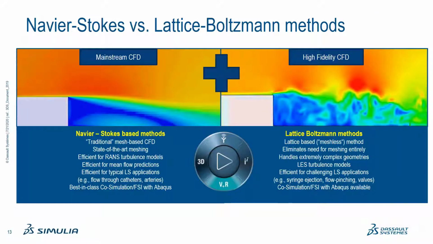So whereas there are a number of ways to mathematically model fluids, there are two methods that dominate. Navier-Stokes numerical methods have been used for decades, and they are the more common approach to simulate fluid behaviors. This method has many strengths, but it cannot solve all fluid problems, and it can be challenging to prepare models because of the need to mesh the fluid domain.